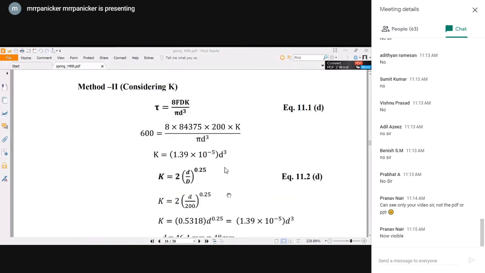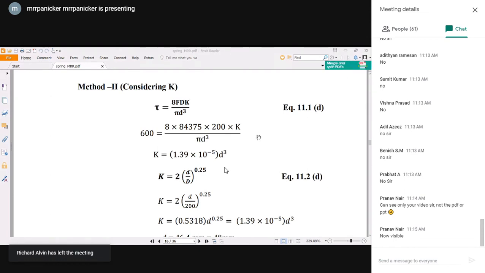So suppose that this is a standard equation, 8 mdk by pi dt. Suppose that this D is not given. That is a problem. I mean, the coil diameter is not given, small d is not there, K is not known.